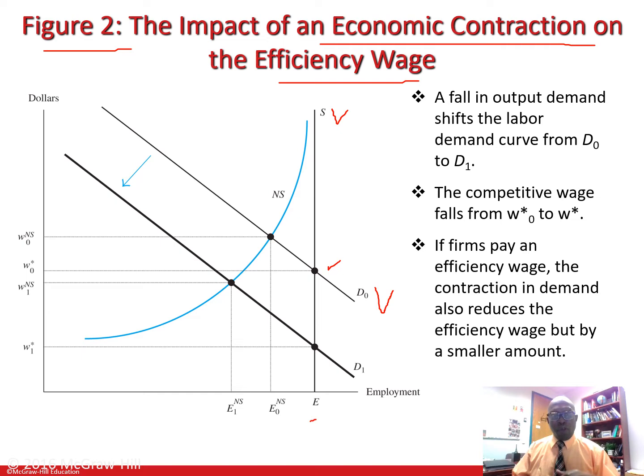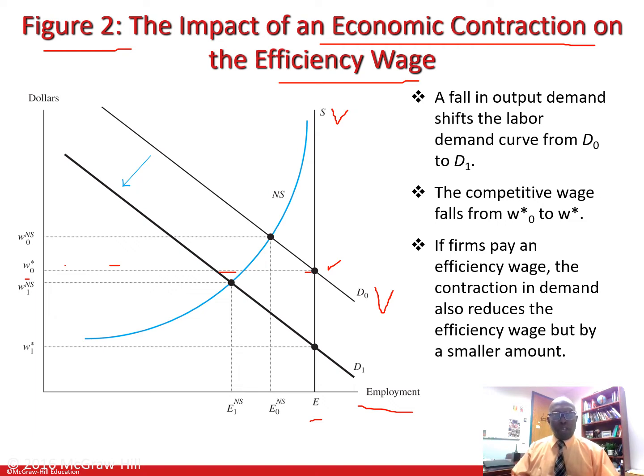So E workers will be employed in the economy, and the equilibrium wage in that case will be W0 star.